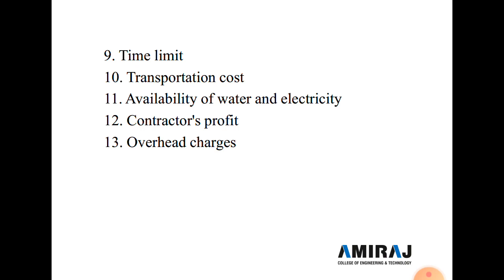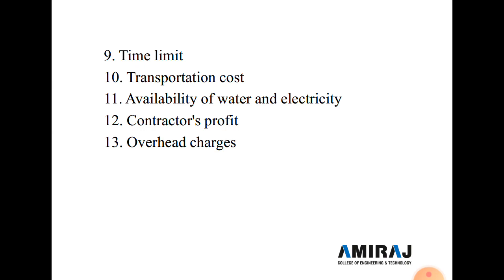If the time limit for the work is short, the rate will be on the higher side, because in a small time limit we must complete the task, so we compulsorily do our work in 3 shifts. In 3 shifts, 8 hours per shift, total 24 hours. In 3 shifts, the rate of each shift is different. In a night shift the rate is higher, so overall cost is increased. So if we compress the time, the overall cost of construction is increased.